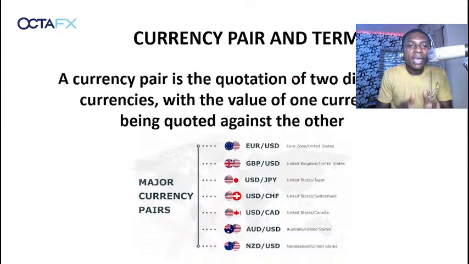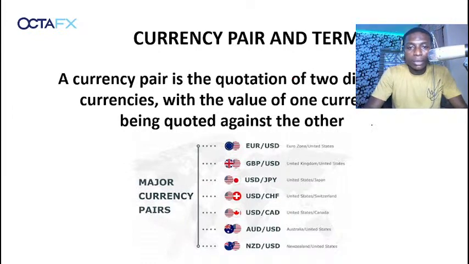Now a currency pair is 2 currencies that are quoted together. A currency pair is the quotation of 2 different currencies with the value of one currency being quoted against the other.